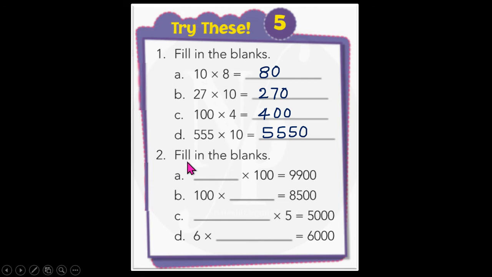Question number 2. Fill in the blanks. A. We have a blank space here into 100 is equal to 9,900. So to get 9,900, which number is to be multiplied by 100? That is what we need to find here. We have two zeros in the product, which we obtained by multiplying by 100.